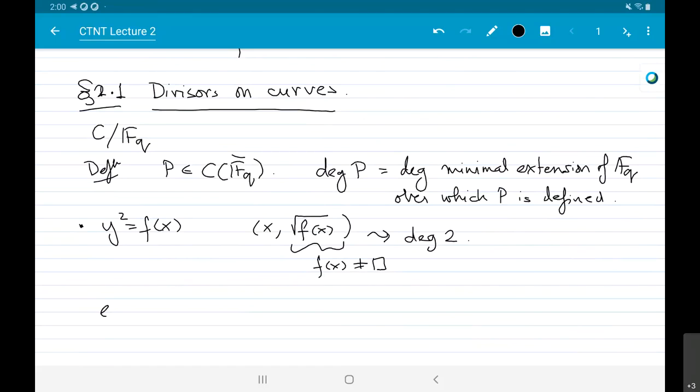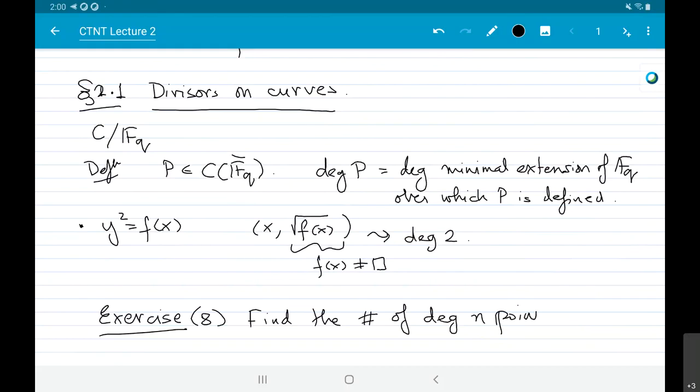So a quick exercise. This is marked as exercise 8 in the lecture notes. A quick exercise is to find the number of degree n points on A^1 over F_q. A^1 basically just means the affine line.